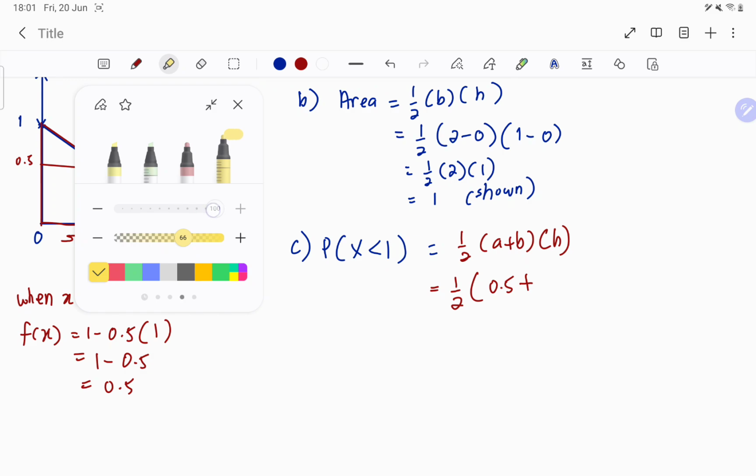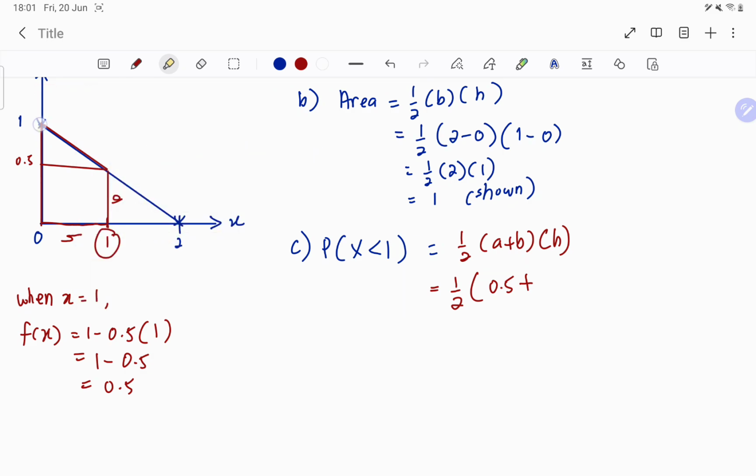Let me draw properly. This is b, and the size here is 1 minus 0, so it is 1. Then h is here, which is 1 minus 0 as well, so 1. The answer is 1/2 multiplied by 1.5 multiplied by 1, which is 0.75. So you have found the probability of x less than 1.